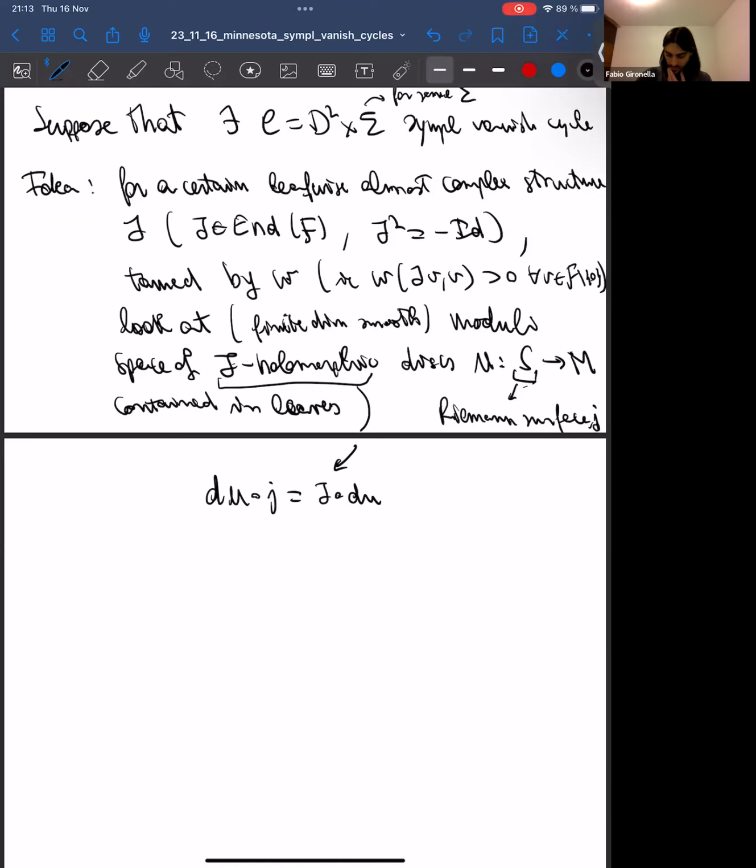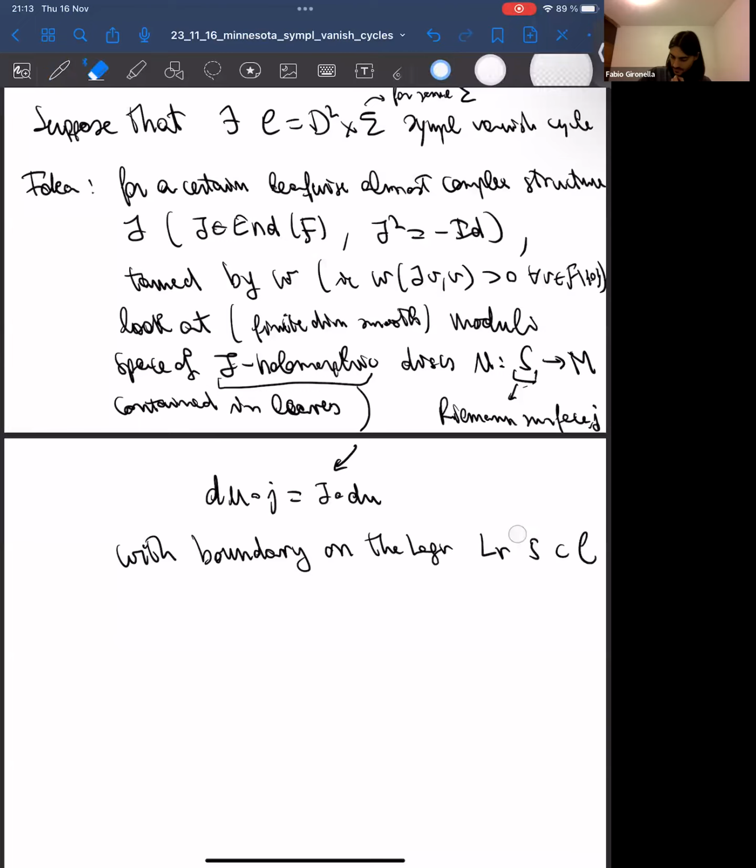So we look at the moduli space of such objects with boundary on the Lagrangians L_R inside the vanishing cycle.